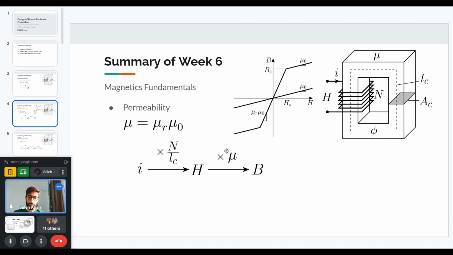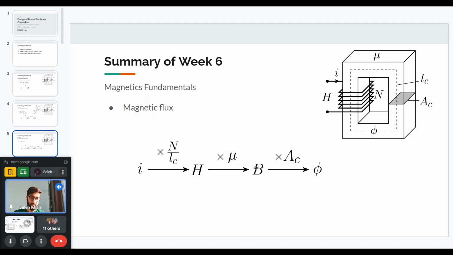Mu r is dimensionless. Mu zero will basically have a dimension of H by B, or is it the other way around? Sorry, B is equal to mu H. So mu will be B by H. So B, the SI unit of magnetic flux density is Tesla, and then mu naught will be Tesla per ampere.